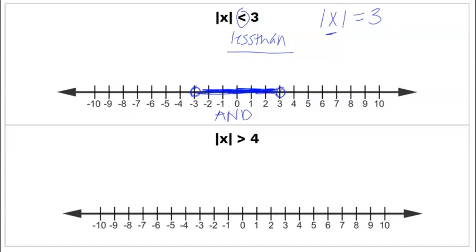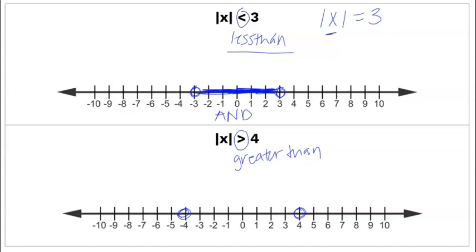Now in the opposite case, we have the absolute value of x is greater than 4. So 4 has an absolute value of 4. Negative 4 has an absolute value of 4. Well, we want anything that has an absolute value that's greater than 4.